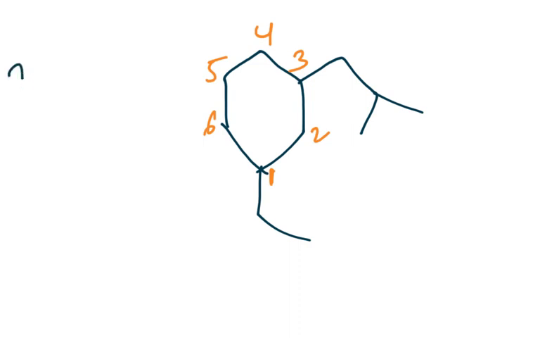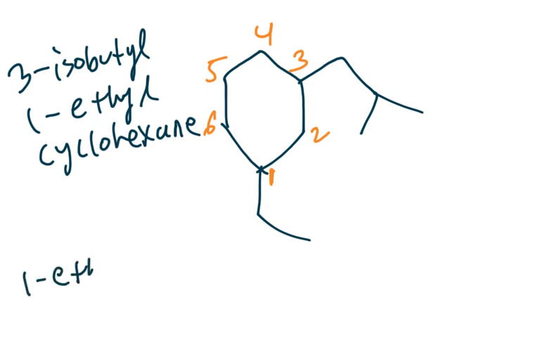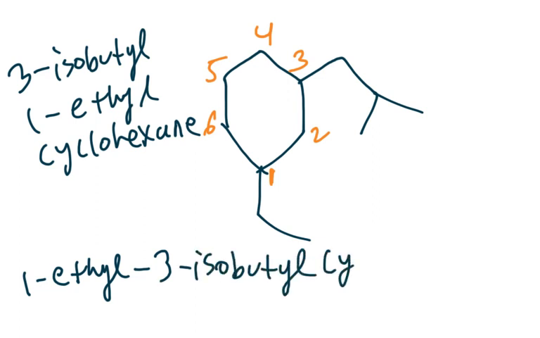We have a 3 isobutyl, and we have a 1 ethyl. And also we have a cyclohexane as our main ring. So put all this together alphabetically. Remember, E comes before I. So we would write down 1 ethyl, 3 isobutyl, cyclohexane.